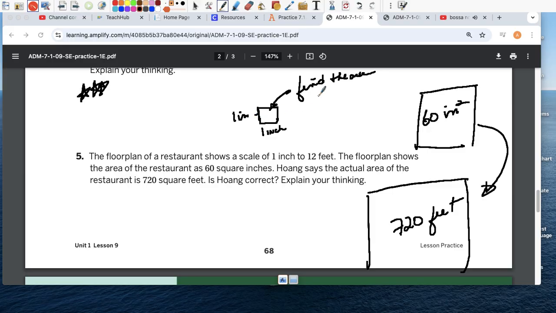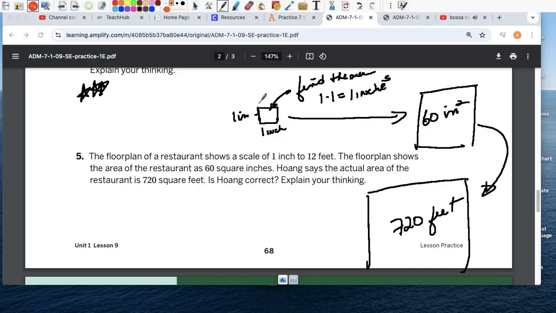It's length times width, which is 1 times 1, and the area is just 1 inch squared. So the kitchen floor has 60 of these. If you were to collect all of these 60 and put them together, you would have 60 of them.